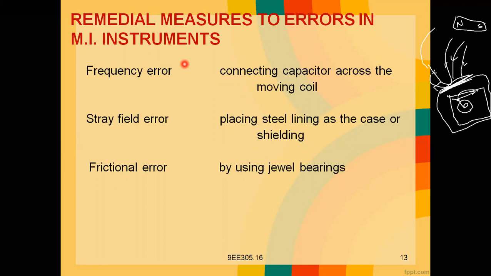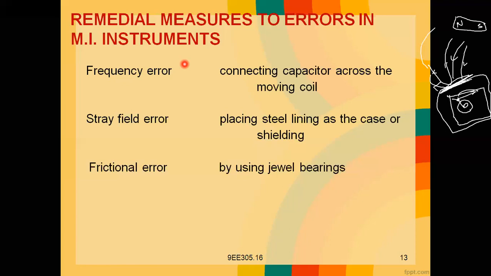So we have a pivot and jewel bearing. There we will see frictional errors. After usage of many years or usage in a dusty environment, we can find some small particles of dust entering the meter and accumulating at the jewel bearing.